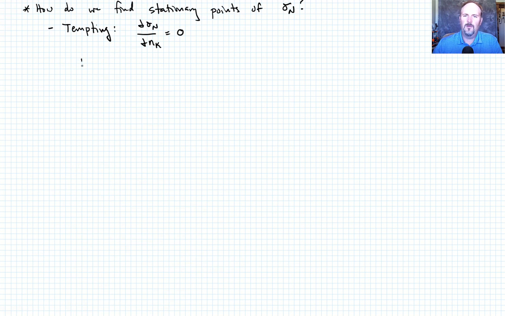But we have a constraint. Okay? And that constraint is that n is not free to be anything that it wants. We require that n be a unit vector of length 1. And so we could write that just like I've done here, or we could say that n dot n equals 1, or in index notation, that would be n_i n_i equals 1.